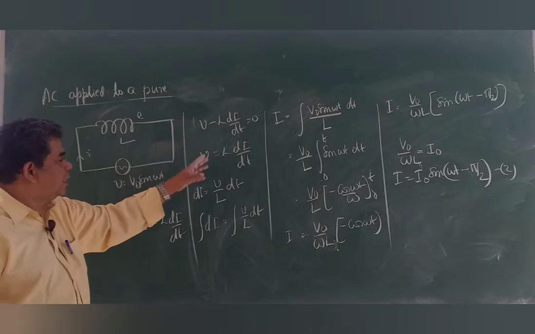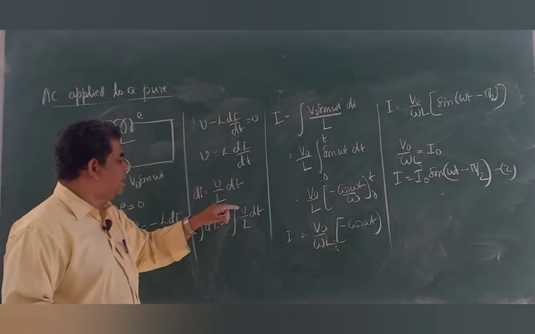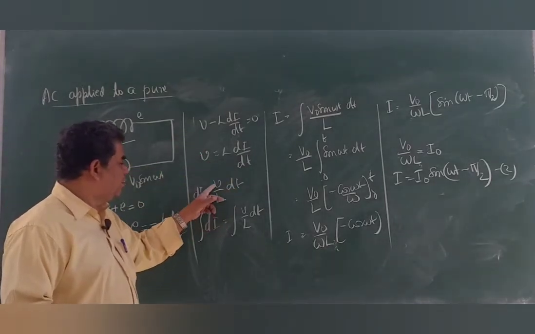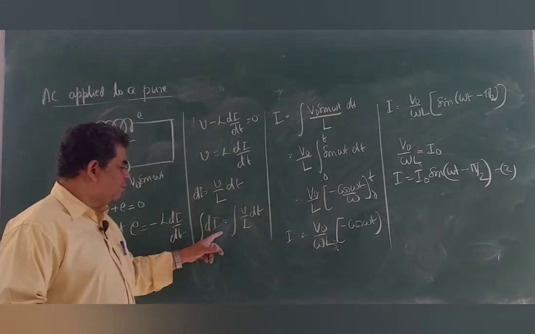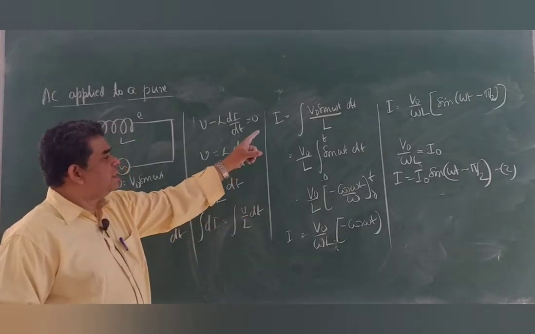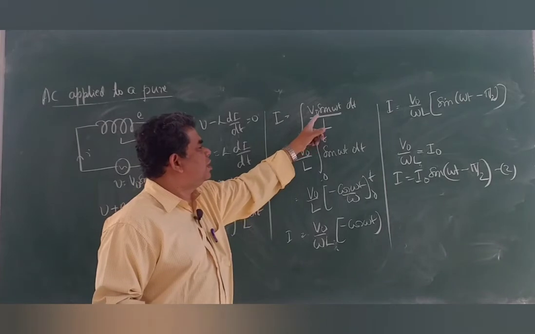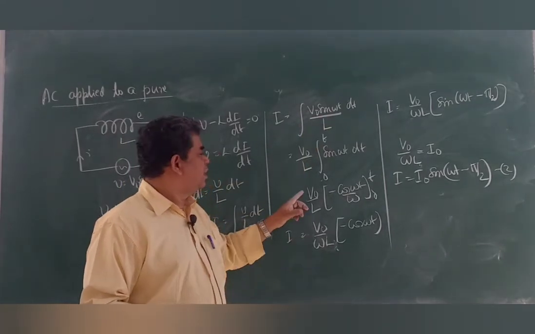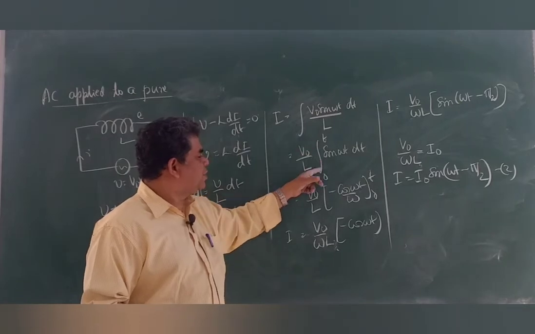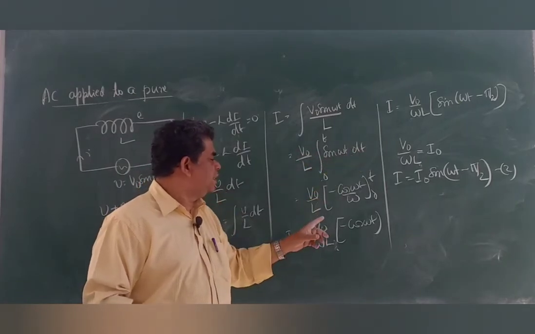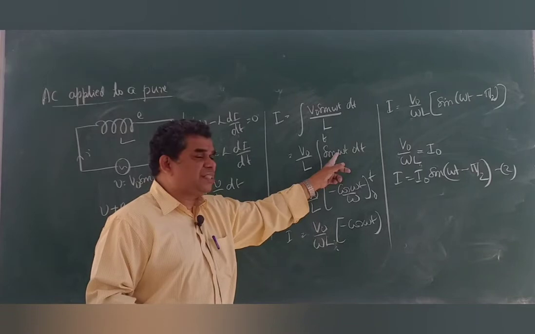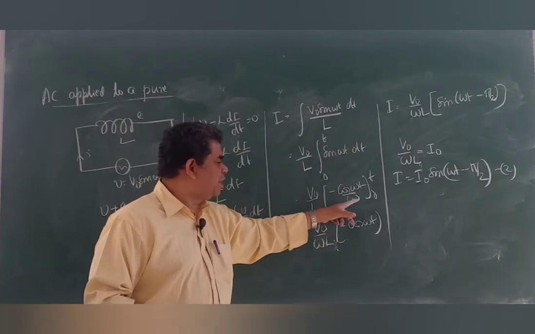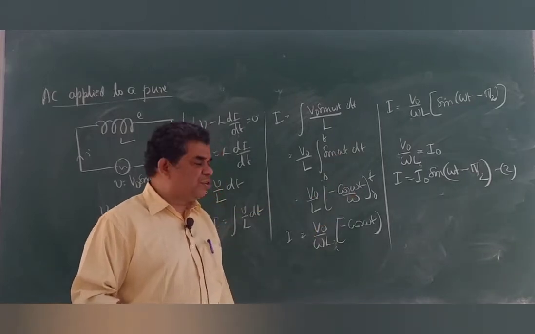So if we substitute there and rearrange, V equals L di by dt, but di is V by L dt, or integral of di is integral of V by L dt. Observe, I equals V naught sin omega t dt by L, and we take out V naught by L, integral from 0 to t of sin omega t dt. If we integrate sin omega t, we get minus cos omega t by omega, from 0 to t.